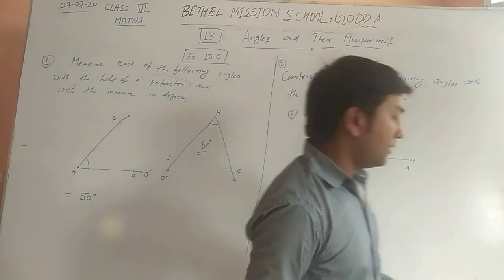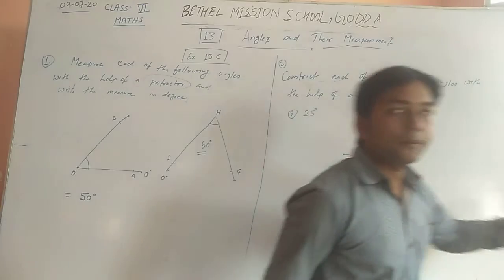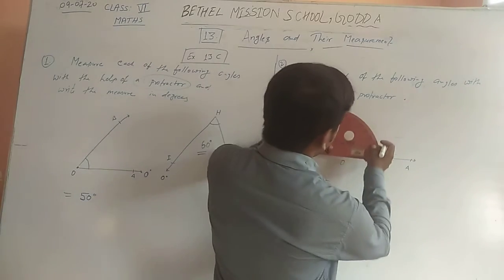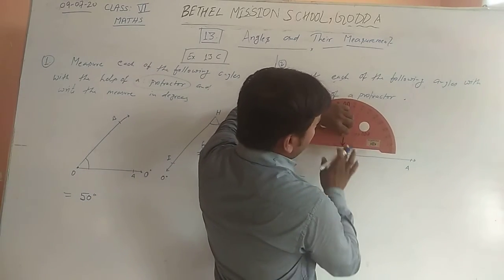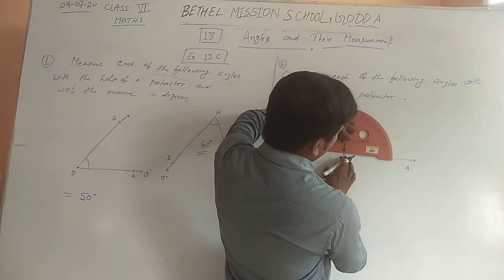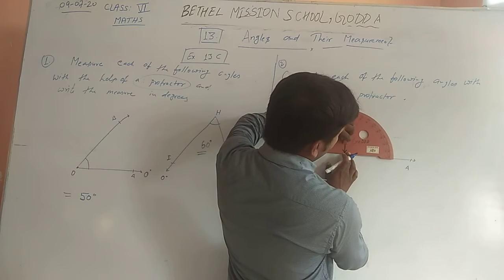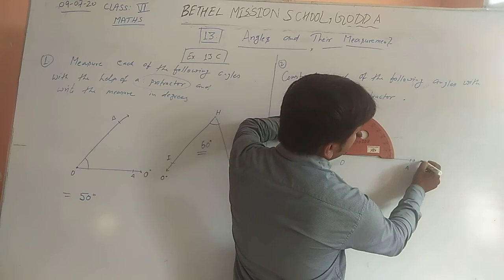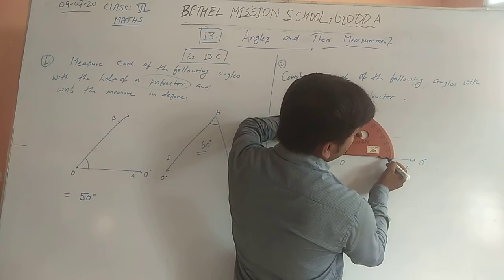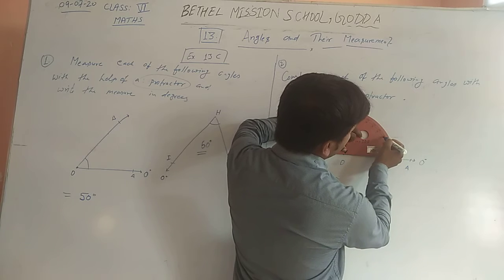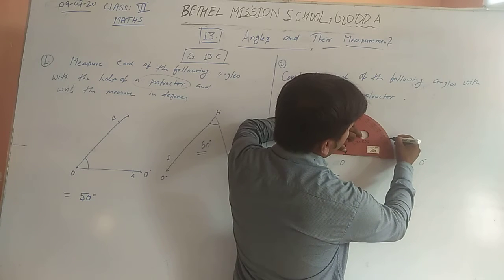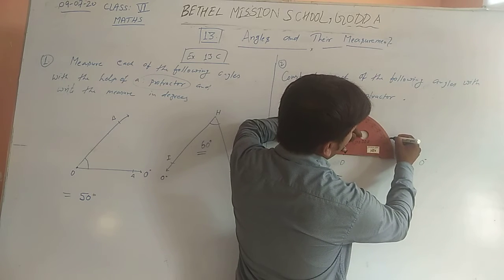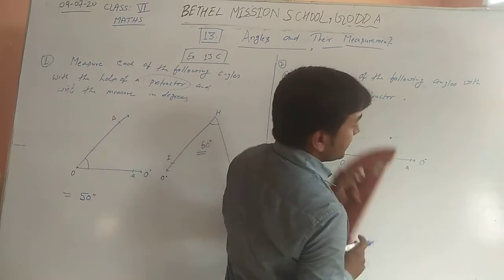Okay, now we have to take 25 degree and we will place this arrow at O, and this is at 0 degree. This is 0 degree, 0, 10, 20, 30, and 25 is here. So you can give 1 point.